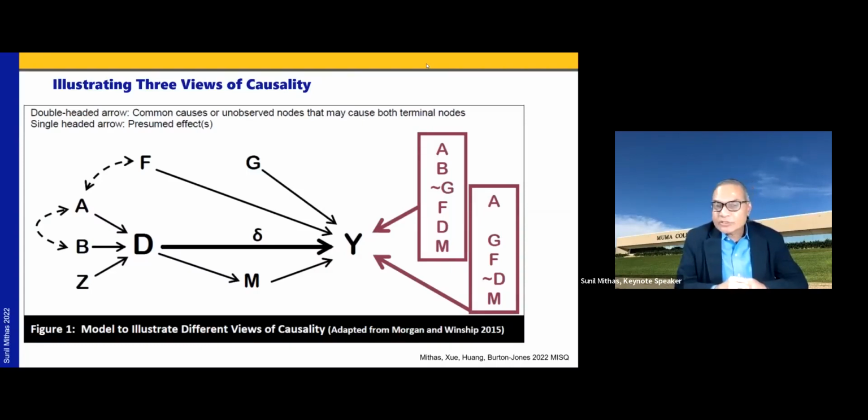In the potential outcomes approach, or the counterfactual approach, they don't like path diagrams which are highly complicated. They will not assign causality to each of the arrows going from F, G, and going from D to Y. They will say, tell us which focal causal effect you are interested in.